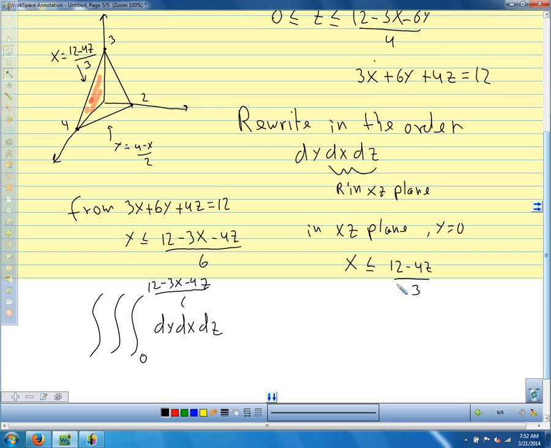X is going to vary from 0 to 12 minus 4z over 3. And z is going to vary from 0 to 3. Z is varying from 0 to 3 in that little triangle. So that would be our order written dy, dx, dz.